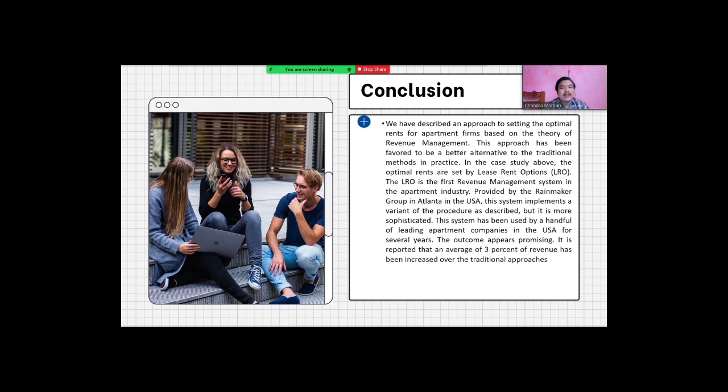The LRO is the first revenue management system in the apartment industry, provided by the Rainmaker Group in Atlanta in the USA. The system implements a variant of the procedure as described, but it is more sophisticated. The system has been used by a handful of leading apartment companies in the USA for several years. The outcome appears promising. It is reported that an average of 3% of revenue has been gained over the traditional approaches.